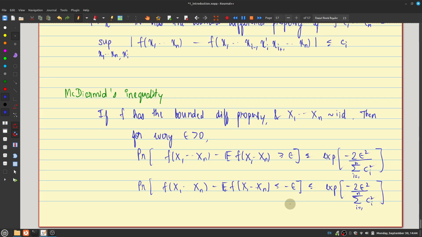So what can you say about the random variable f of x1 through xn? What property does it satisfy? No, not necessarily. The tail bounds are symmetric.